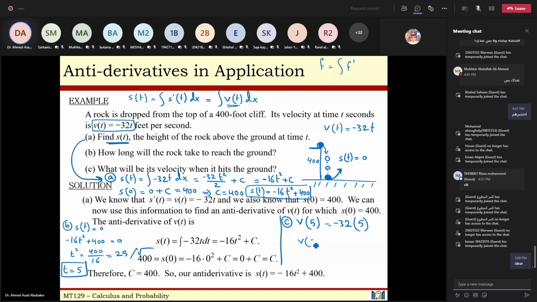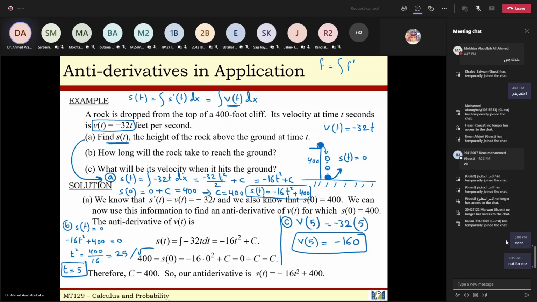So the velocity after 5 seconds is minus 160. This is the velocity when the rock hits the ground. Any question?